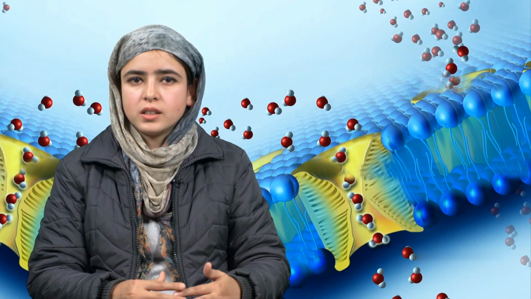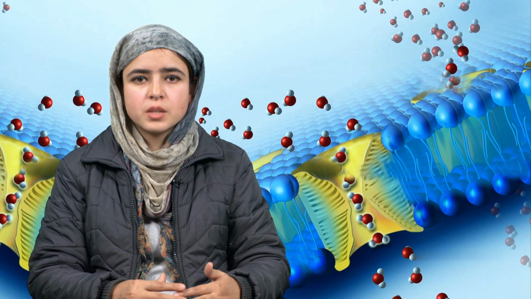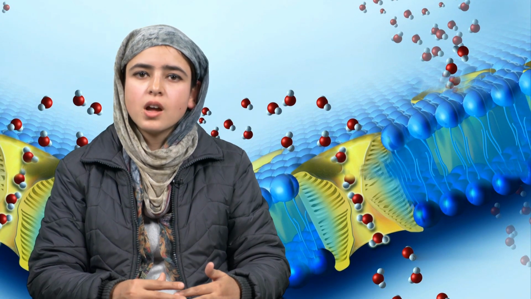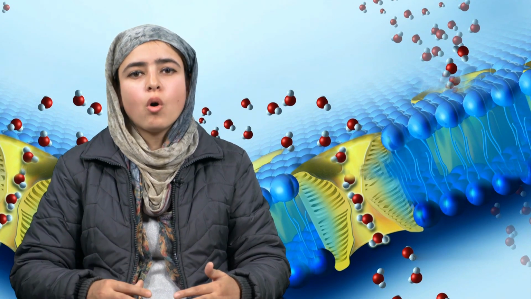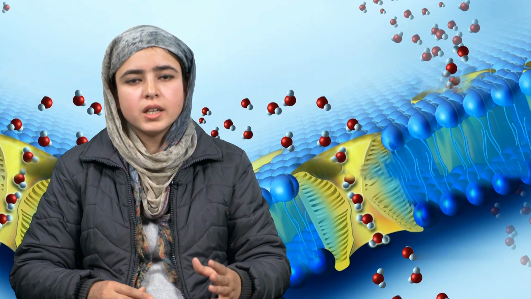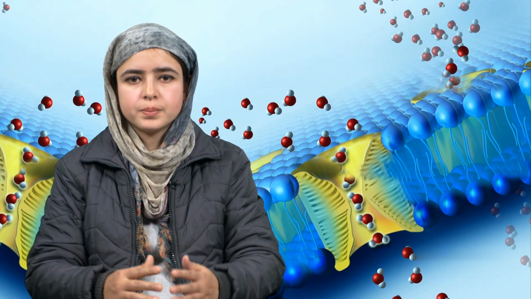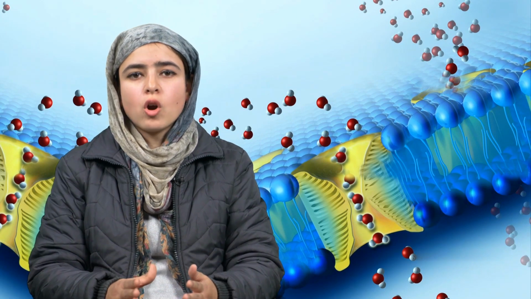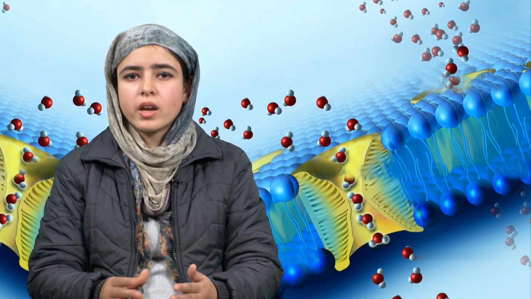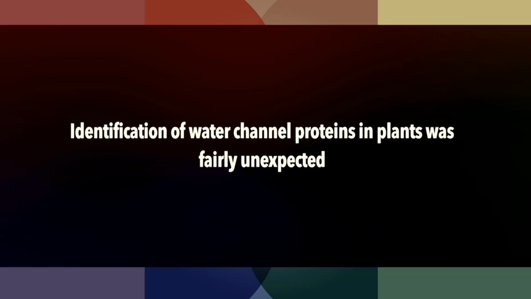In 1990, Verkman's experiments demonstrated functional expression of water channels, indicating that water channels are effectively proteins. Shortly after the discovery of aquaporins in animals, the identification of water channel proteins in plants was fairly unexpected.